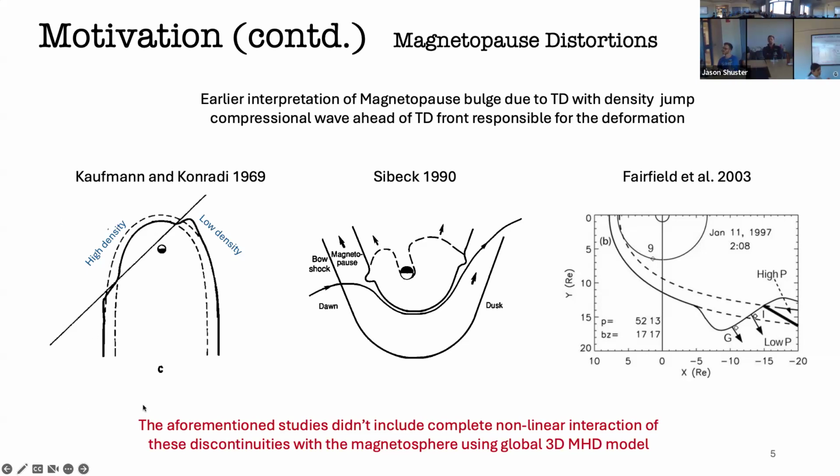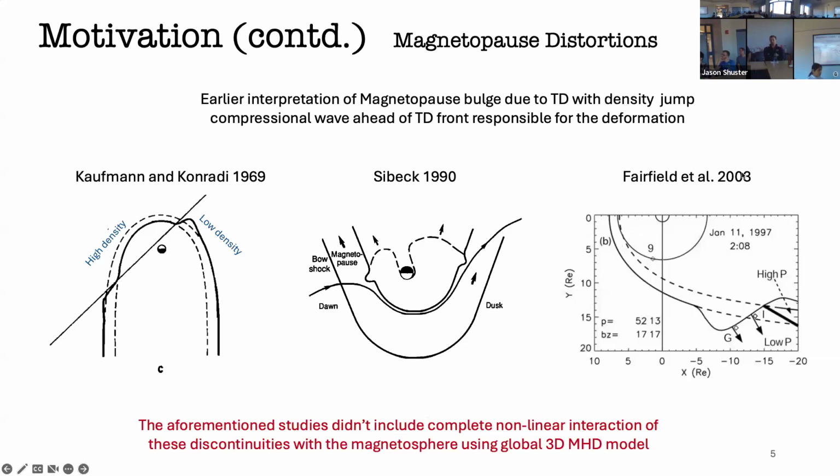And this was their representation of it. Following this work, Sibeck in 1990 also mentioned it, and he said this could possibly be because of a compressional wave launched by the impact of this discontinuity through interaction with the bow shock and the magnetopause.